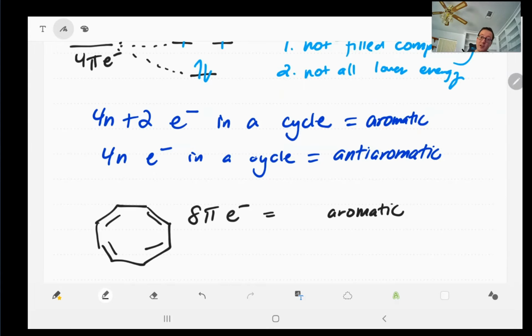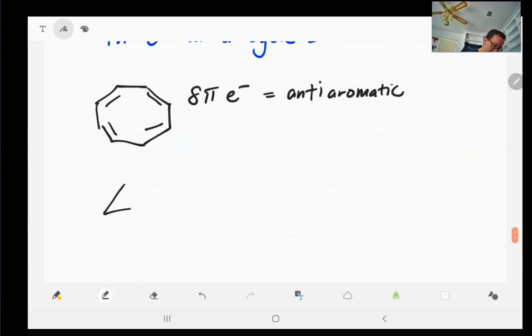Unfortunately, we will have non-aromatic things too. This one is anti-aromatic, so it's going to have 4n electrons. Isn't this a lot easier? Just count the electrons and see. If you have 2, 6, 10, etc., you're going to be aromatic. If you have 4, 8, 12, you're anti-aromatic. It's wonderful.